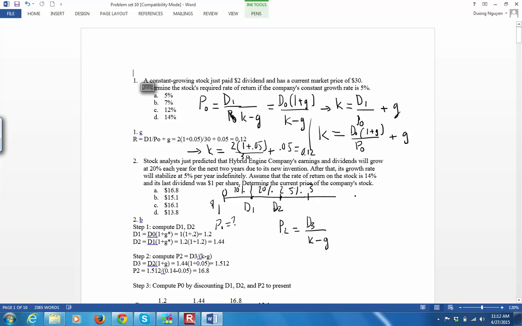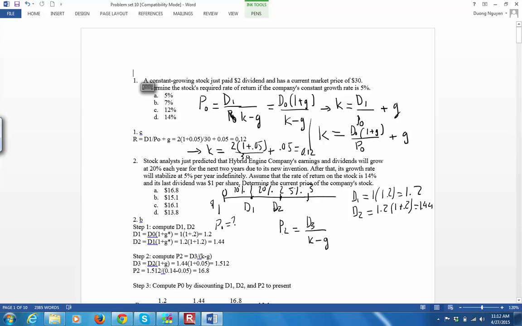So let's calculate D1. D1 equals D0, which is $1, times 1 plus the growth in year 1, which is 1.2, so D1 equals 1.2. D2 equals D1, which is 1.2, times 1 plus the growth in year 2, which is 20% as well, equal to 1.44.